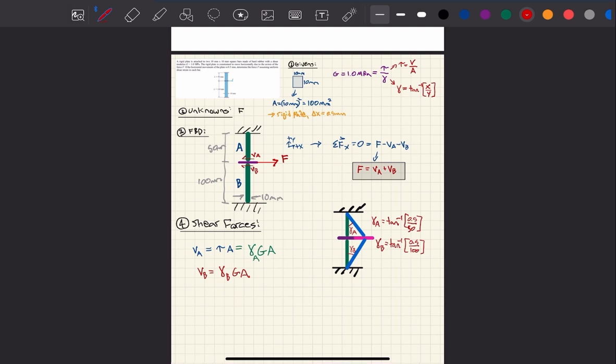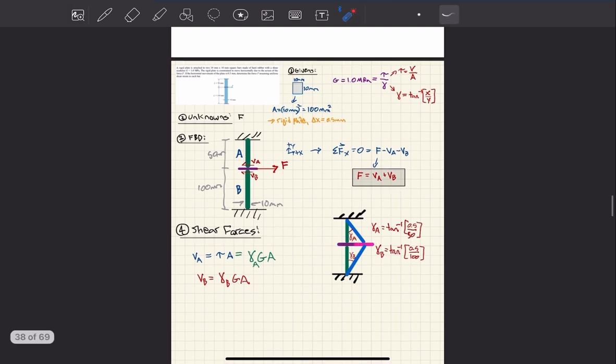Okay, we can plug in our numbers. What did we need in the beginning? We needed to find this force F. How did we come up with an equation to basically find force F? We did sum of forces, and we found that force F is basically just equal to the shear force on the rigid plate by bar A and the same thing for bar B. I'm not going to repeat that.